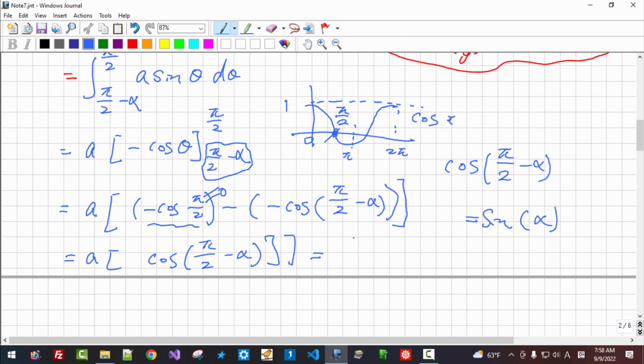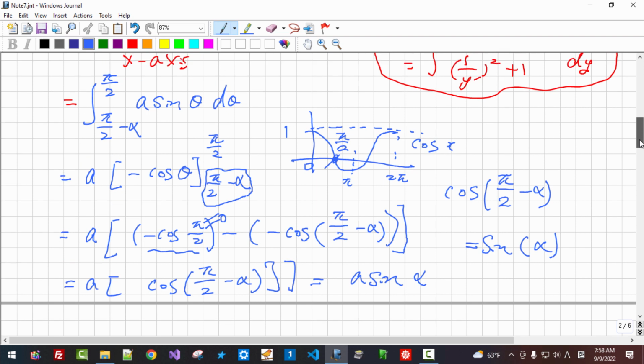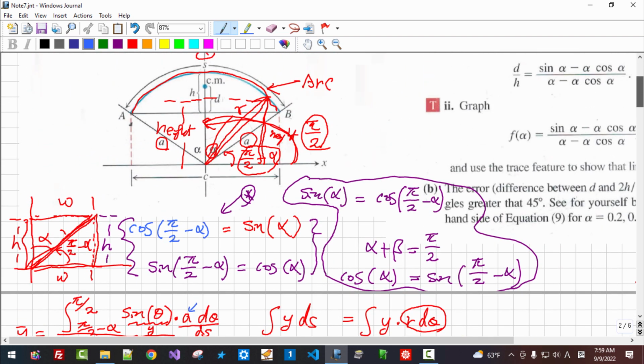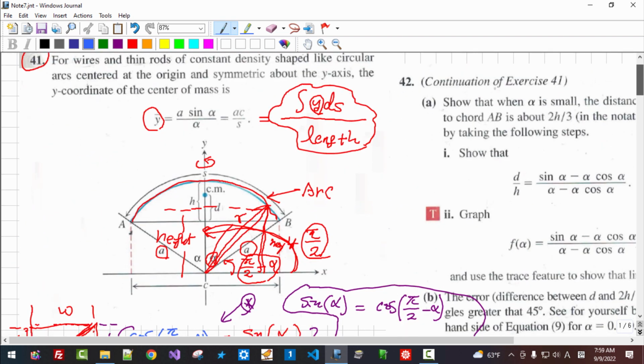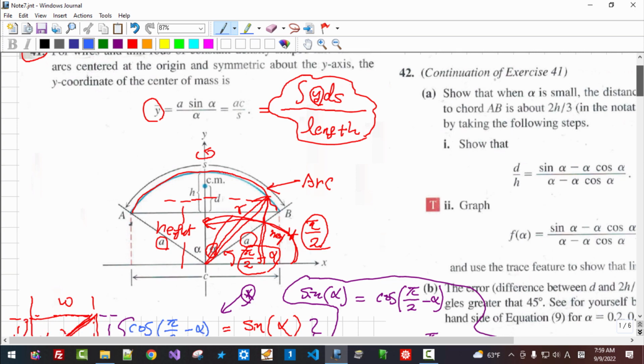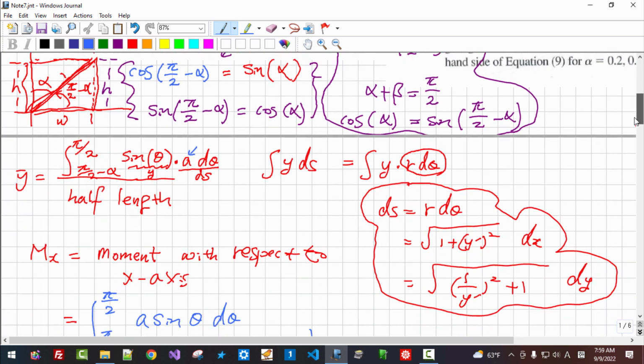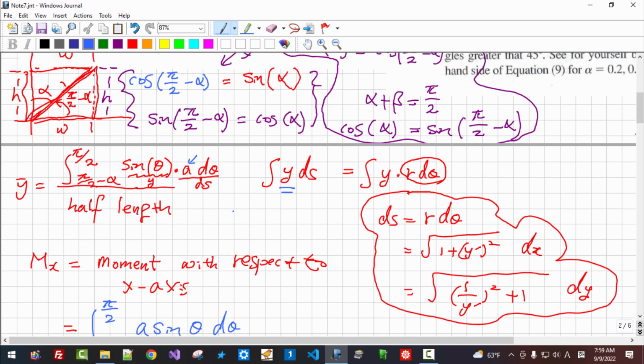So it becomes a sine alpha. I think I made a mistake. Here y is a sine theta.